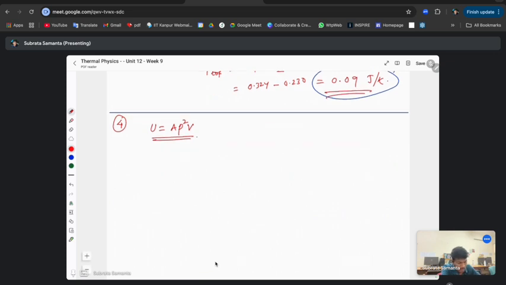Okay, and the adiabatic process is basically dq equals to 0, right?